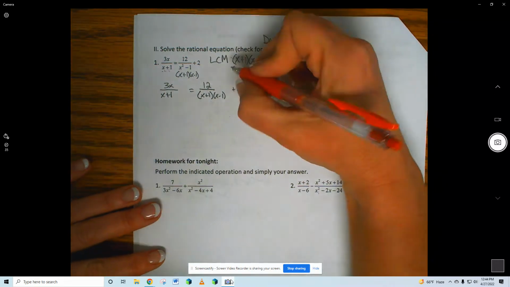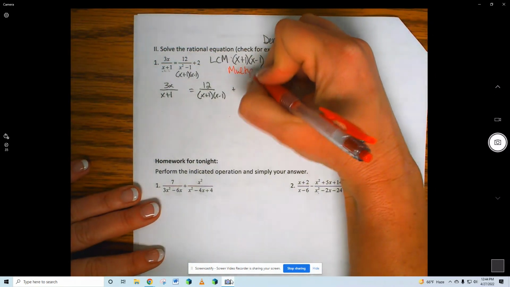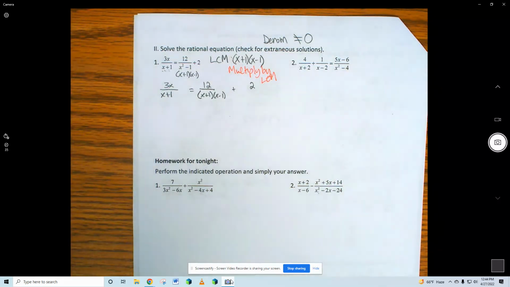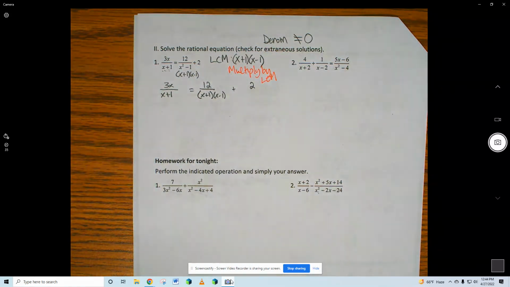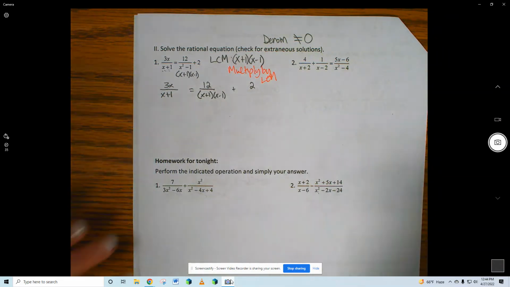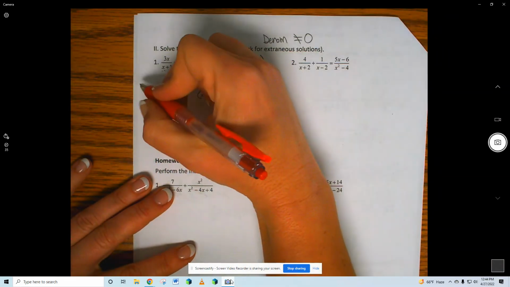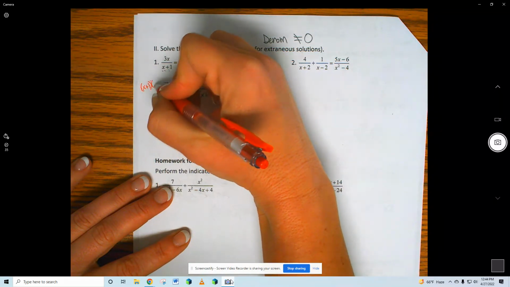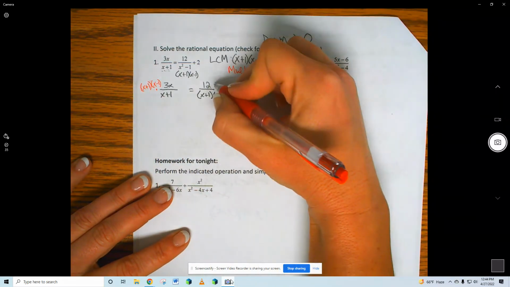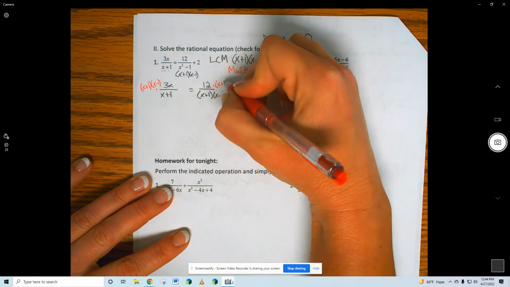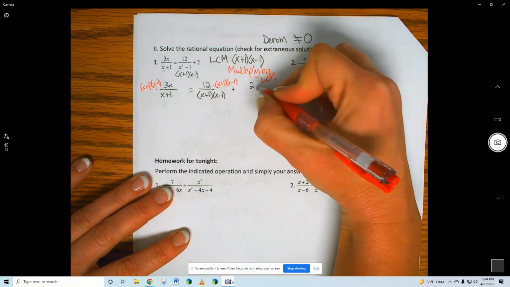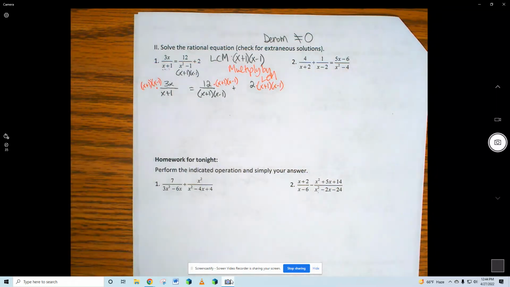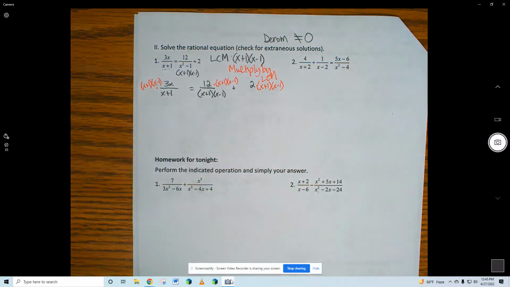If I multiply by the LCM, then I can see what happens. So I'm multiplying everything by the least common multiple. All right, here we go.